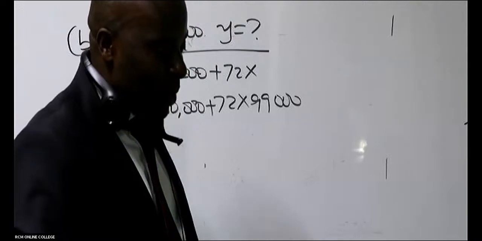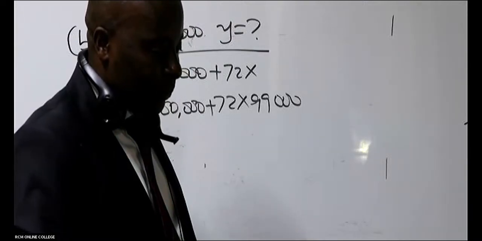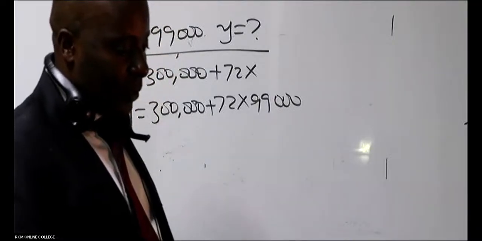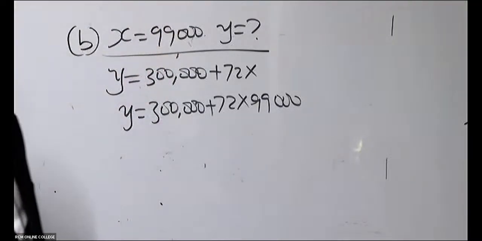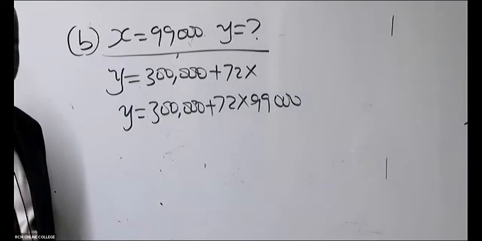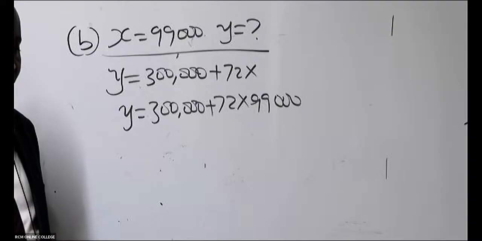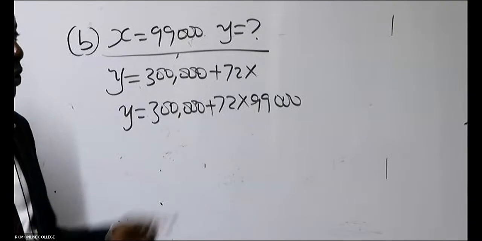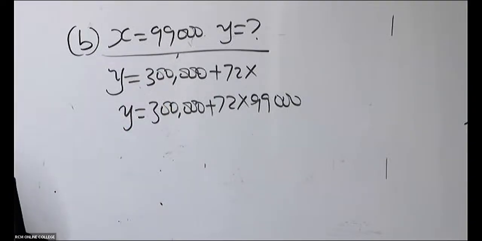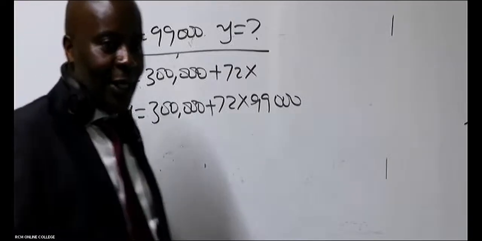The online students, have they been able to get an answer there? Please go there and calculate 300,000 plus 72 times 99,000. It's not that ugly. It's 7,428,000, isn't it?